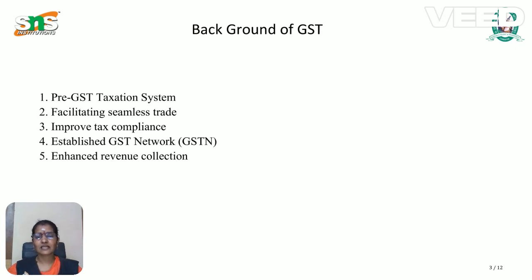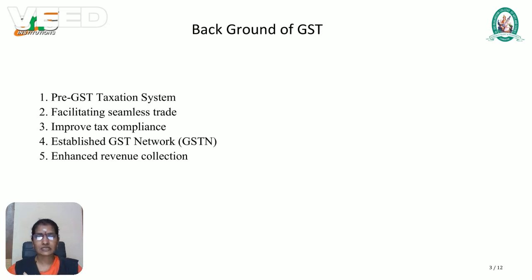These are all different categories of indirect taxes. At the time of paying the tax, the payer was making some confusion. That's why, to eradicate those issues, we use a new concept, let's call it GST.